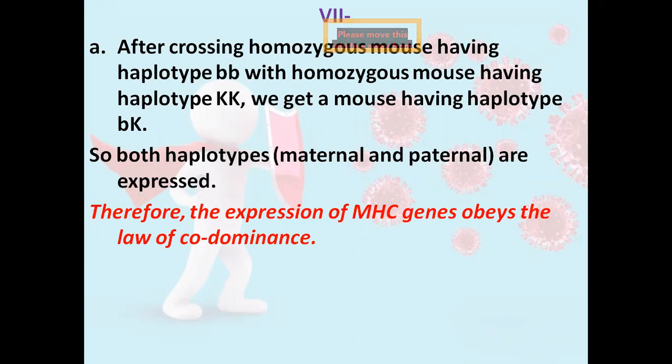They gave a mouse having both haplotypes B and K. So both haplotypes, the maternal from the mother and the paternal from the father, are expressed. So here we can deduce that the expression of the MHC obeys the law of codominance. What does this mean? This means that both of them are expressed.